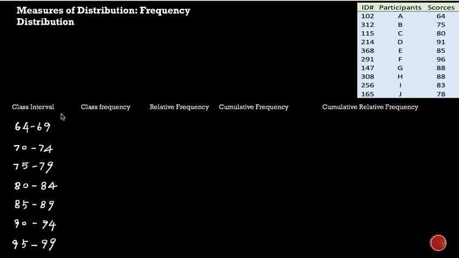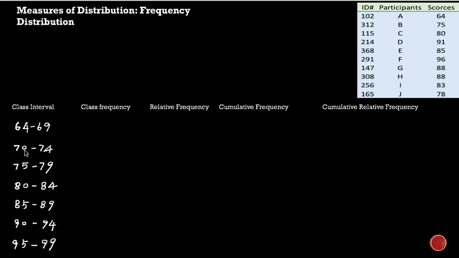For our convenience and by convention, we build our class intervals like this. The first one, 64 to 69. Why 64? Because 64 is the lowest score here.